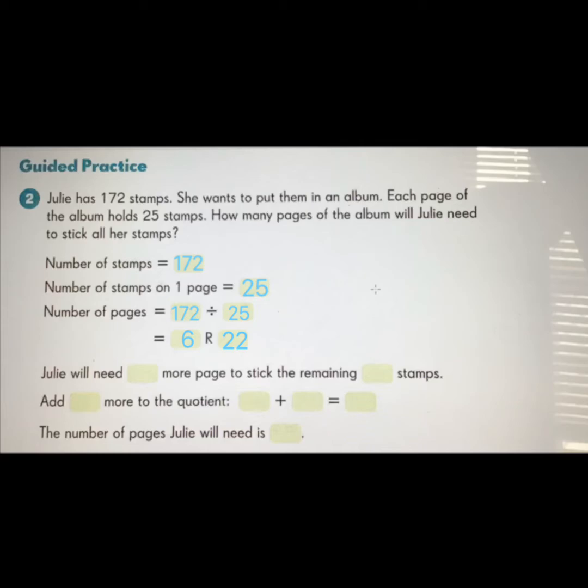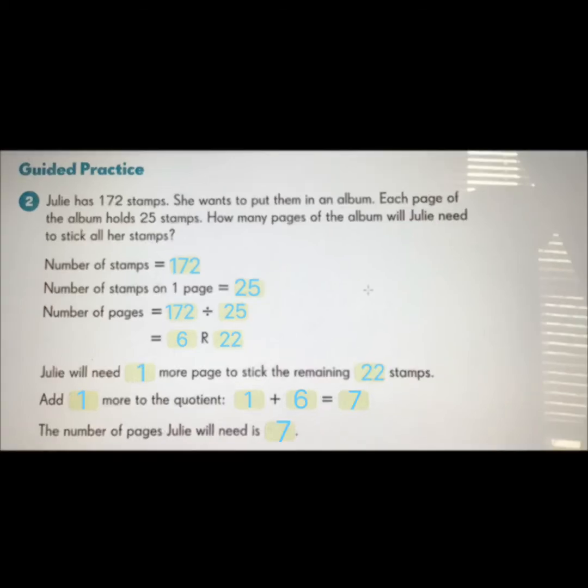So to respond to the prompt, we know that Julie will need 1 more page to stick the remaining 22 stamps in her album. So here we add 1 more to the quotient, which will become 1 plus 6, and that equals a total of 7 pages. So now the number of pages Julie will need is 7.